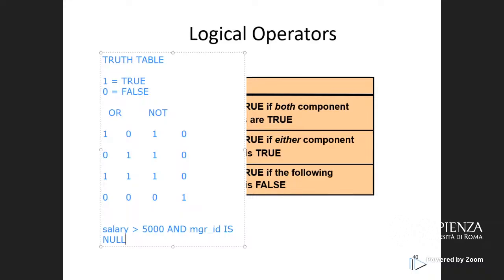Now, you are looking for someone who earns more than 5,000 and the manager ID is null. Both have to evaluate to be true.